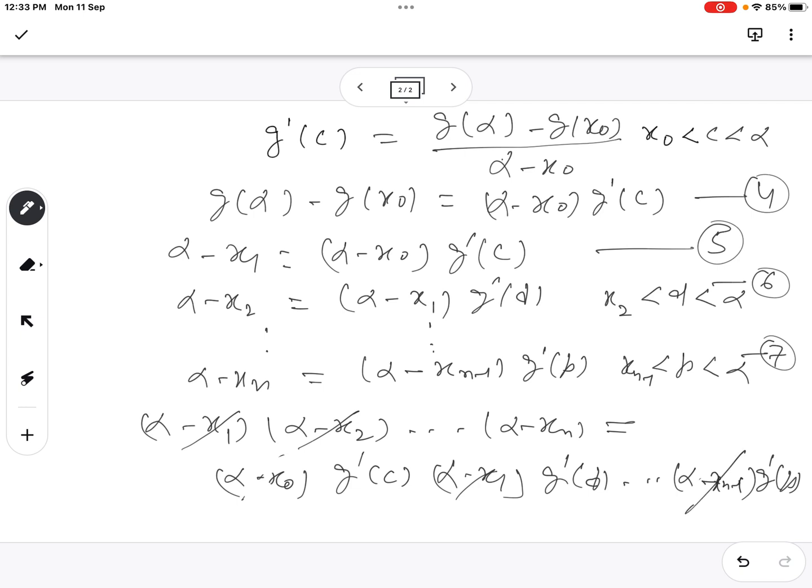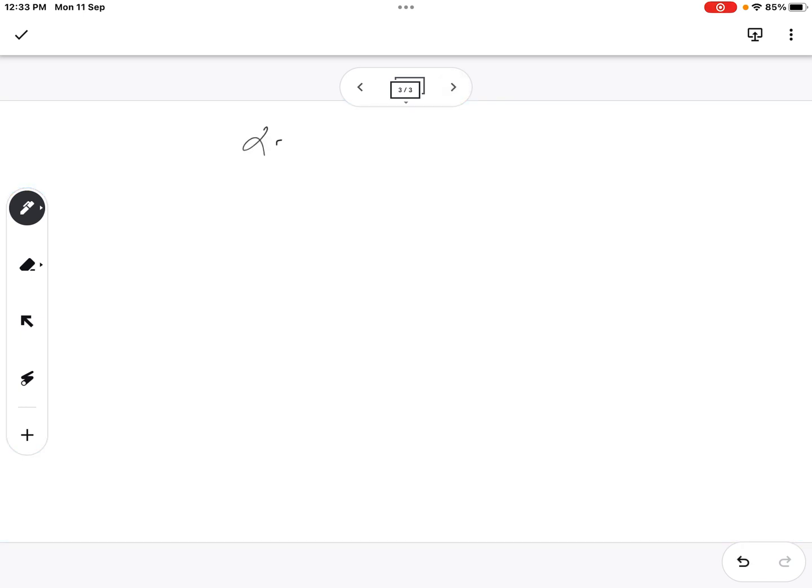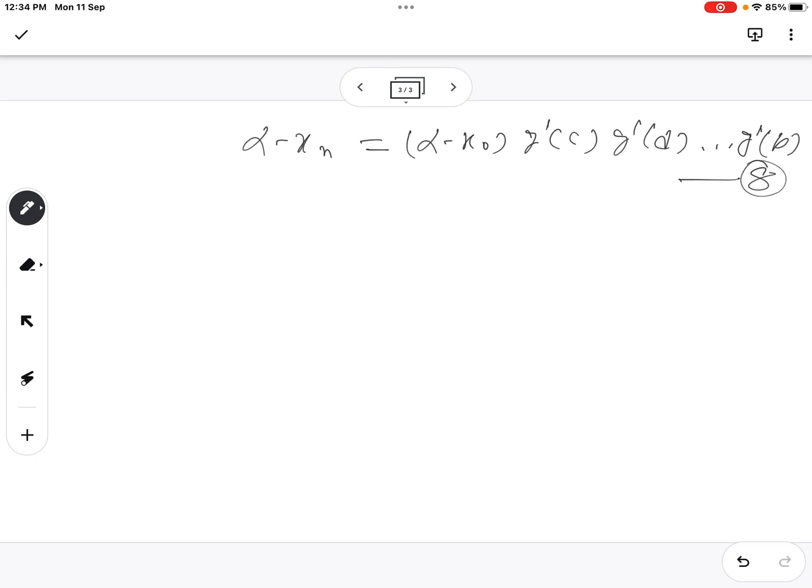So what we are left with is alpha minus xn is equal to alpha minus x naught into g prime c, g prime d, and so on to g prime p. This is equation number 8.